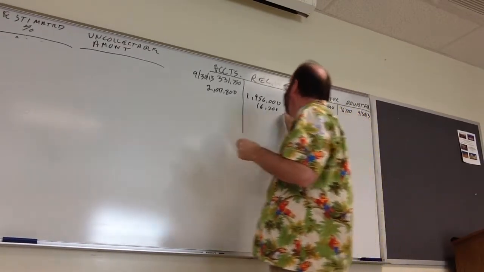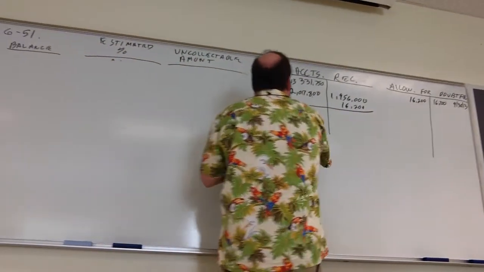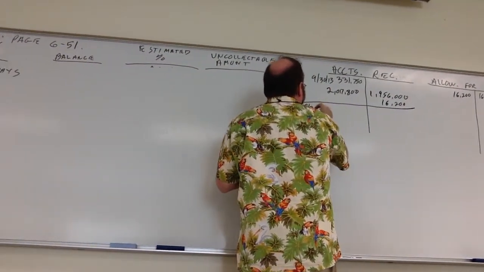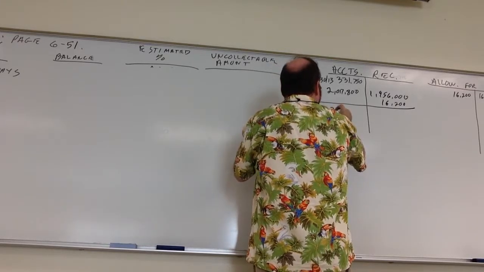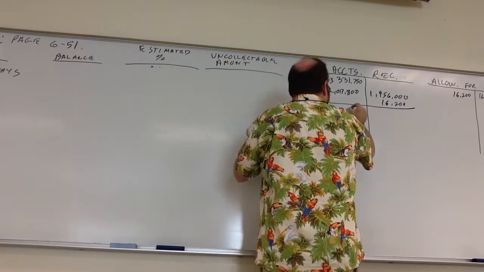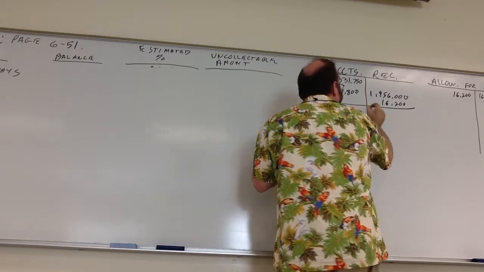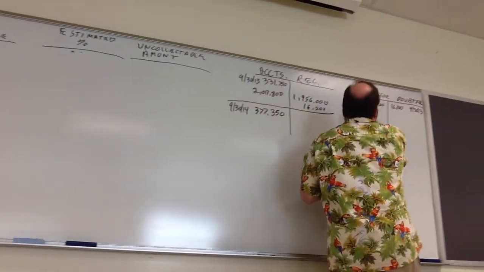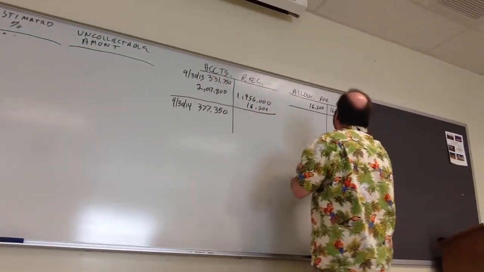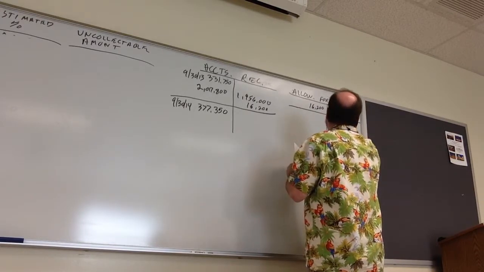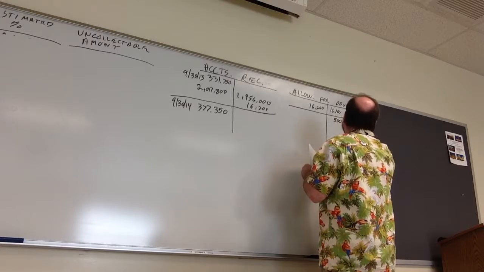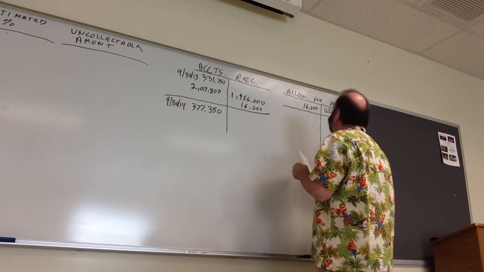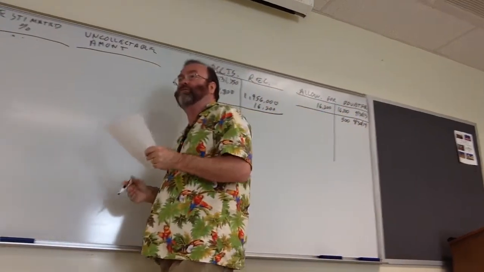So that leaves you with a balance at 9/30/14 of $377,350 and an unadjusted balance of $500 on that same date. Credit balance in the allowance for doubtful accounts.